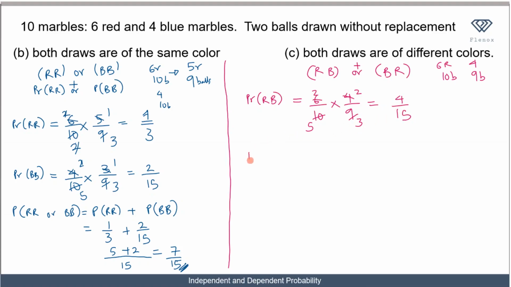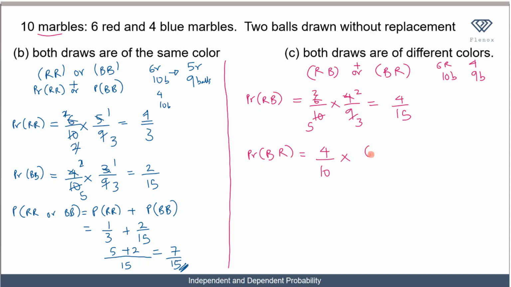Now let's do the second case, the probability of having the blue come out first and the red second. For the blue coming out first, I know that at first there are 10 marbles and there are 4 blue balls. So for the first ball, it's going to be 4 over 10. Now for the red ball, I know that altogether there are still 6 red balls because the first ball I took out was blue.